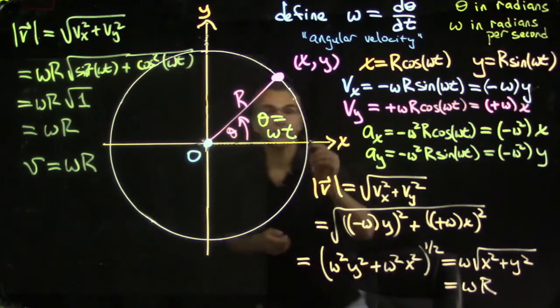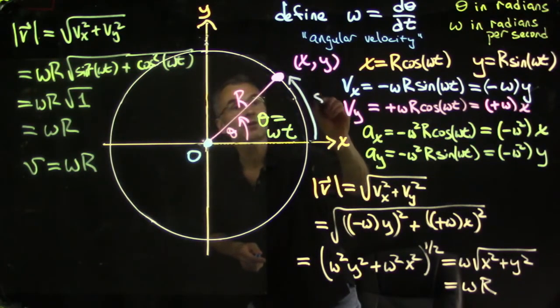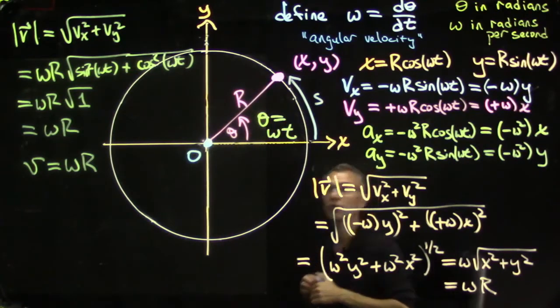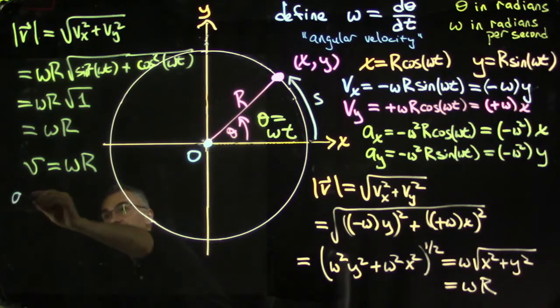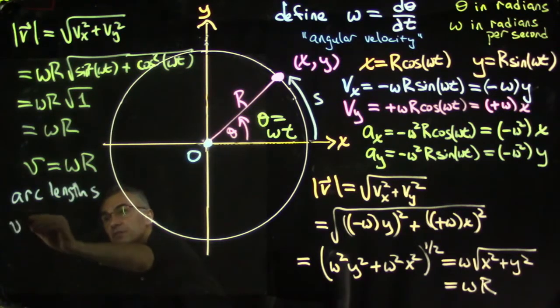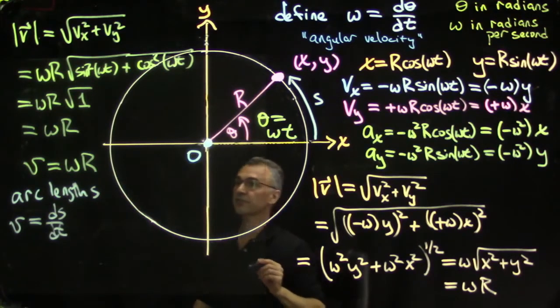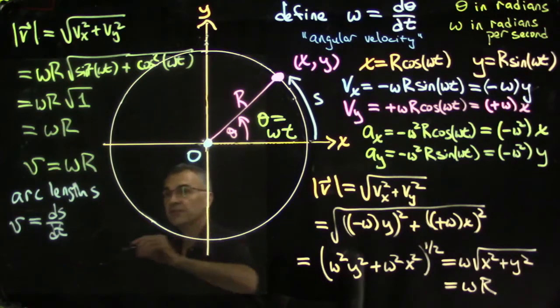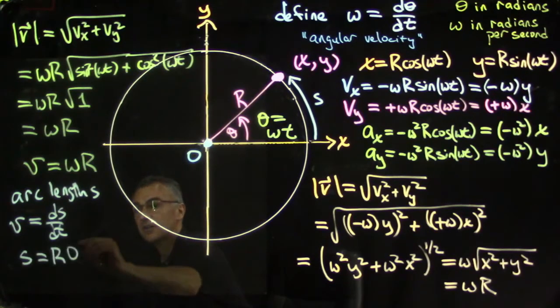There is even a third way we can see that. If we call this arc length s, I don't know why it's called s in math, it seems to be a convention. So if we have the arc length s, then the speed is the rate of change of the arc length if we're really just moving in a circle. And we said that this arc length is r times theta.